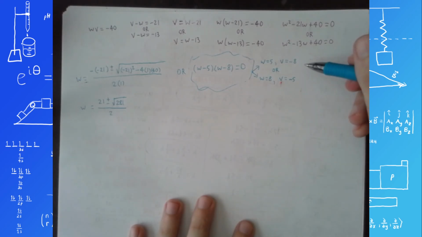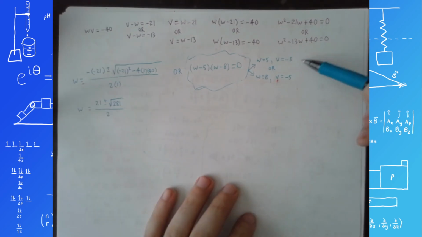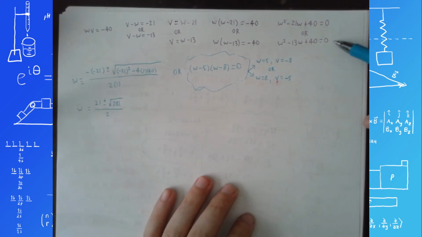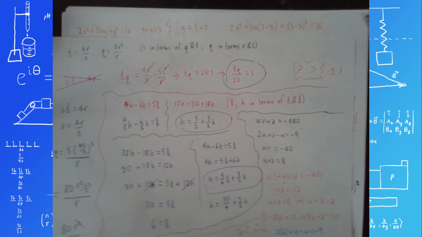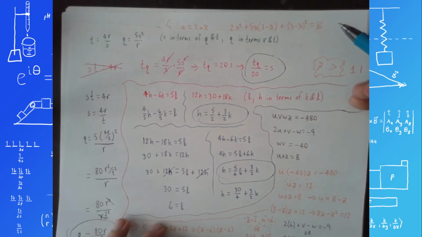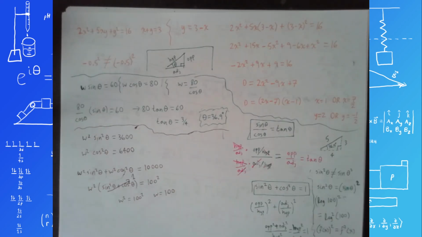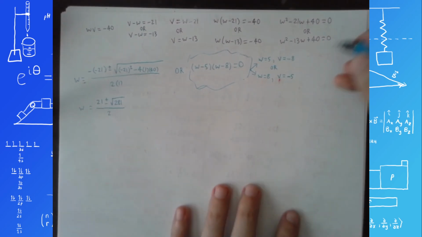But for this, our solution set would be, let's see, this came from the second branch, right? This came from when we chose u equals 2 and z equals 6.